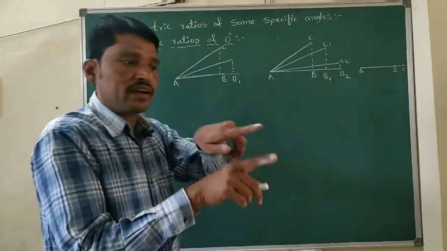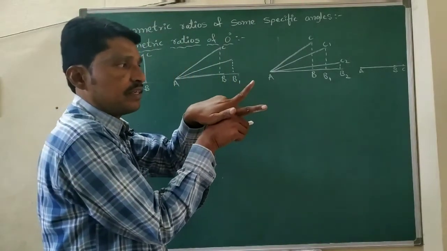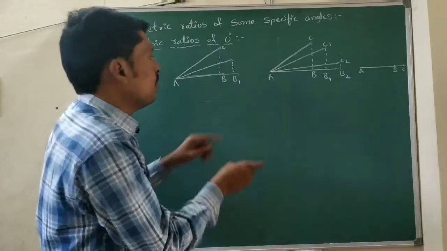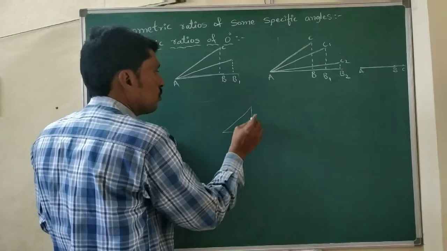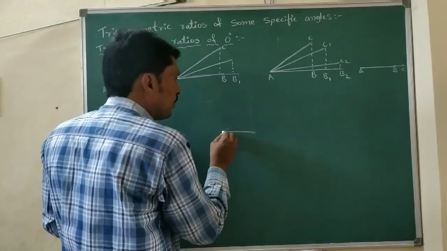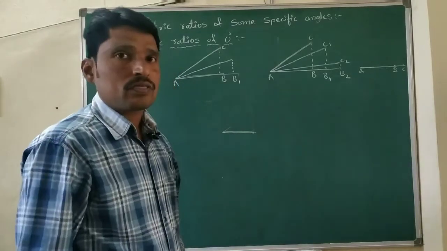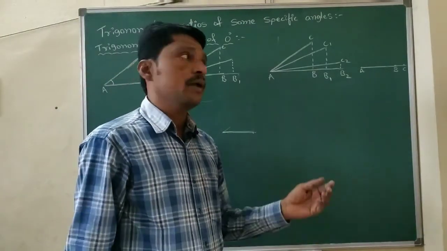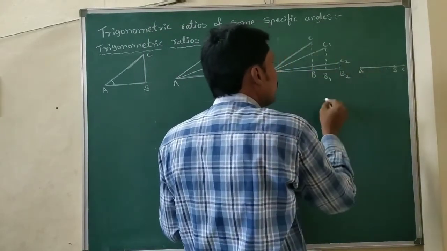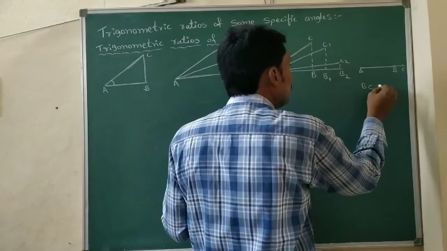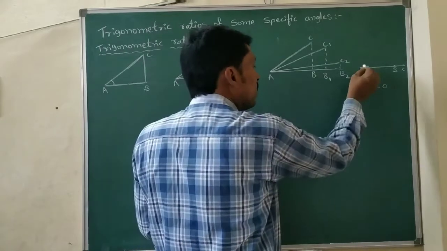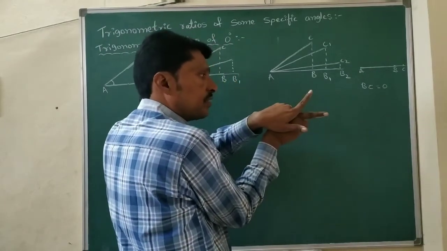So actually the triangle is like this. As we reduce the angle, the AC line coincides with AB. AC line coincides with AB, so the BC value we are getting is 0.